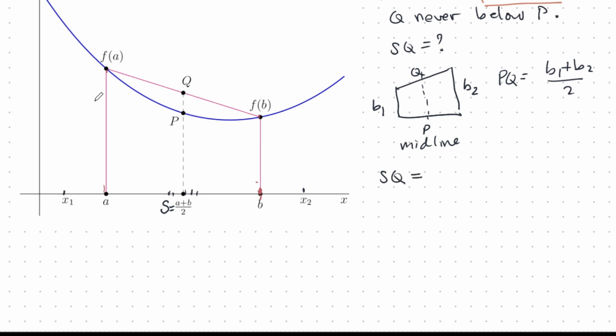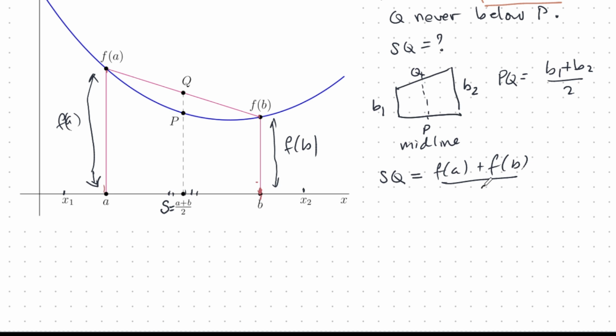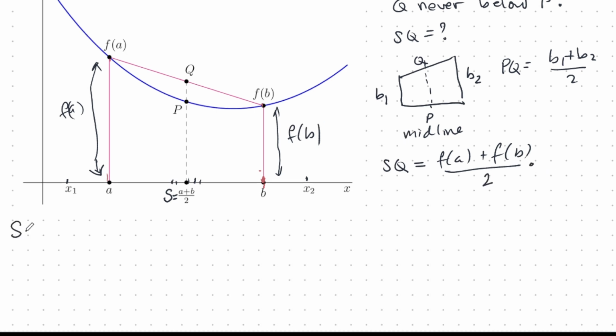This length here is from here to here. This is f of a. And this length from here to here, this is f of b. Yes? So that's (f of a plus f of b) over 2. Like that.